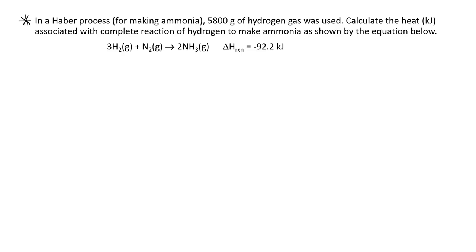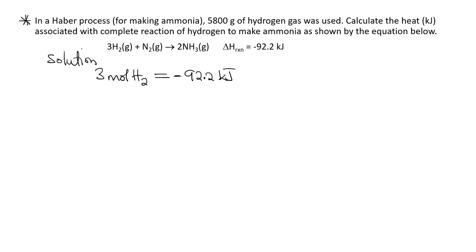So to solve this, we need to come up with the conversion factor. What is our conversion factor? In this case, our conversion factor is 3 moles of hydrogen gives us 92.2 kilojoules of energy. That's what we know. That is our conversion factor. 3 moles of hydrogen produce negative 92.2 kilojoules of energy.